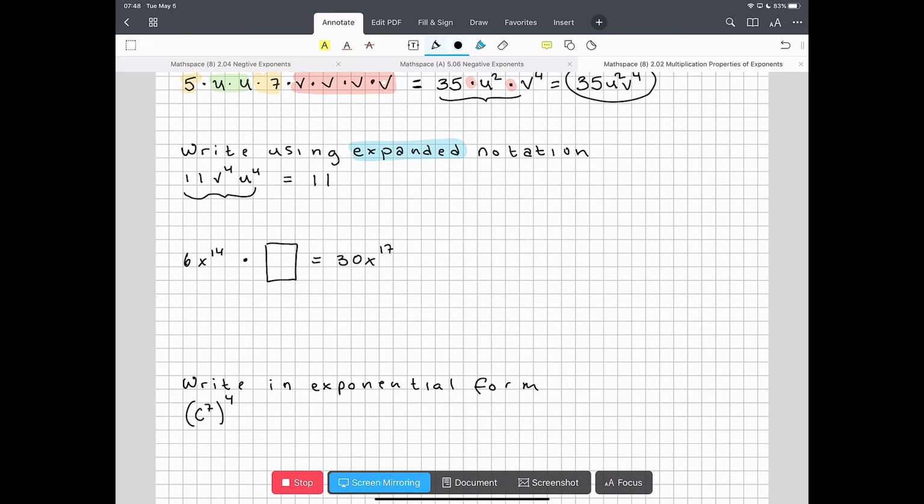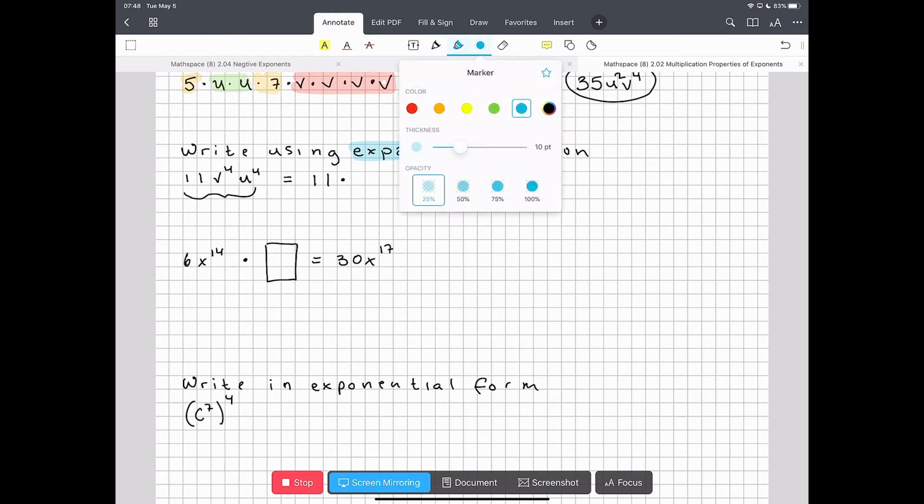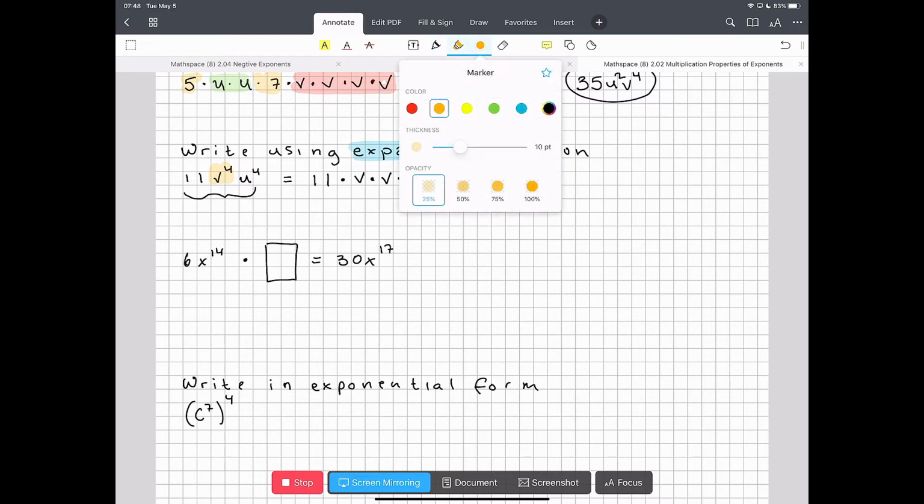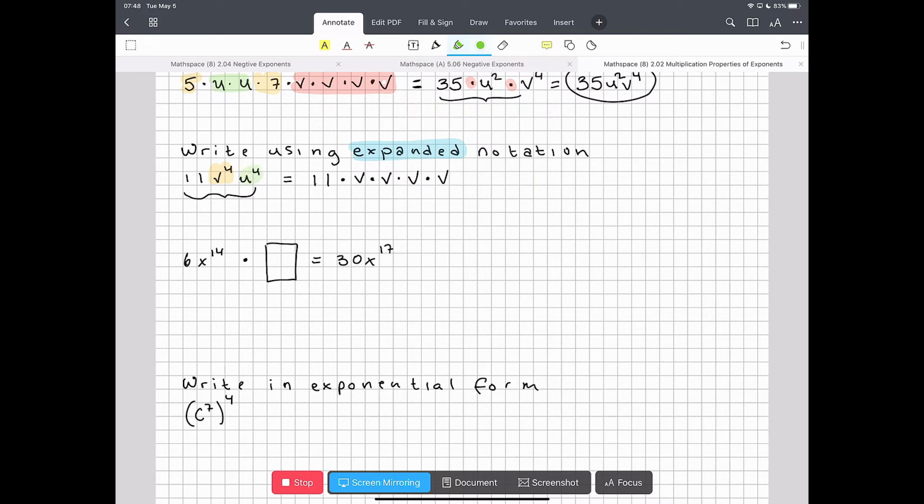So I've got 11 multiplied by v to the 4th. Well, v to the 4th is v times v times v times v, 4 times repeatedly. U to the 4th, same thing. Multiplied by u times u times u times u. And that is the final answer. That is in expanded notation.